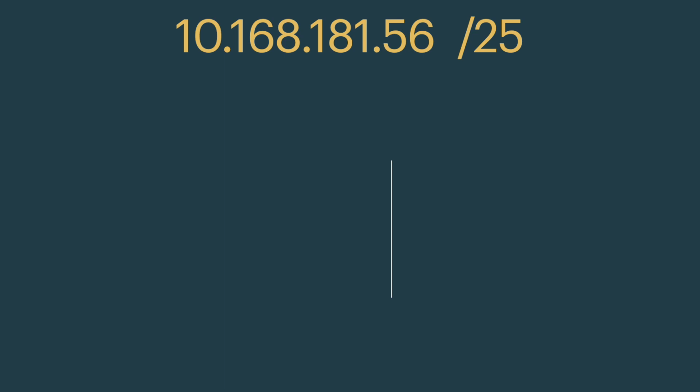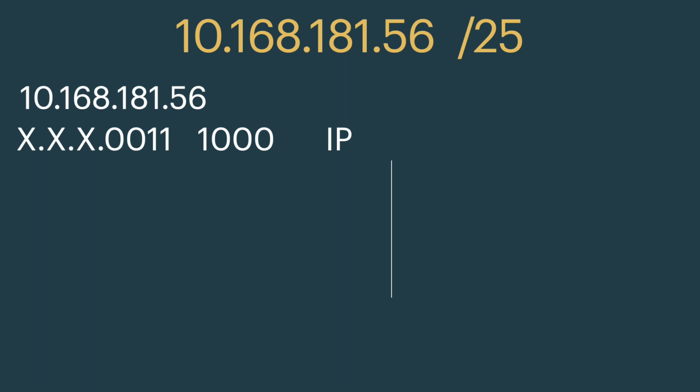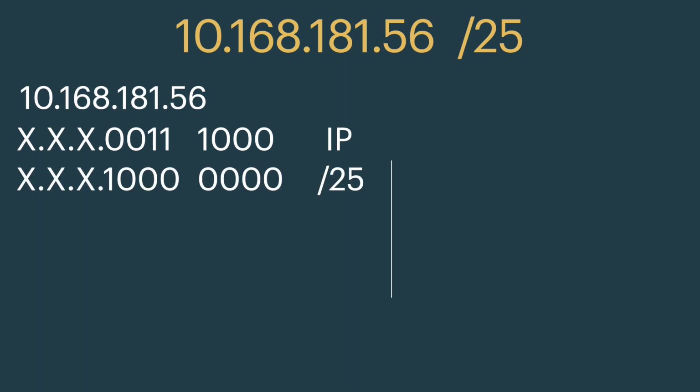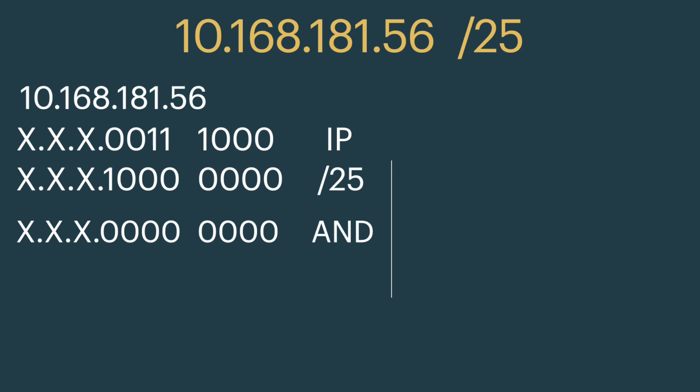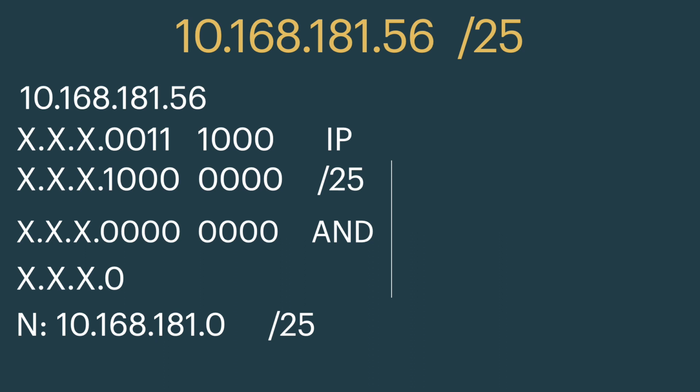10.168.181.56 CIDR 25. So we know it's the last octet. 56 to binary. Then we get 25 to binary. We make a logical AND comparison, which is 0 in this case. And we get the network base. So now we find the wildcard, which is the opposite of the CIDR.